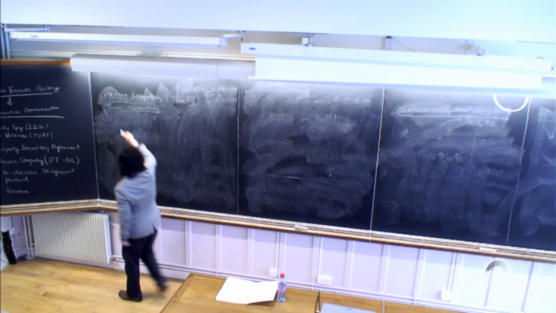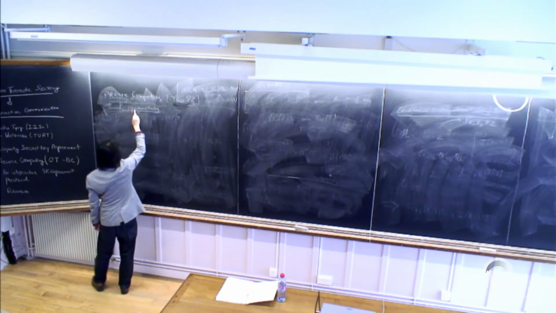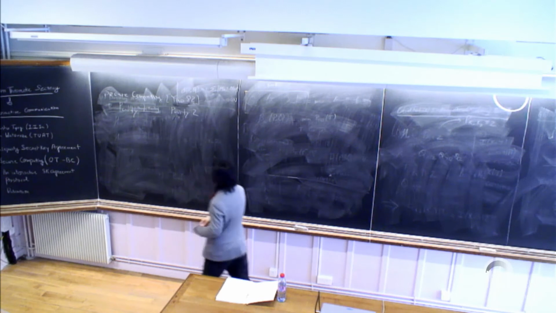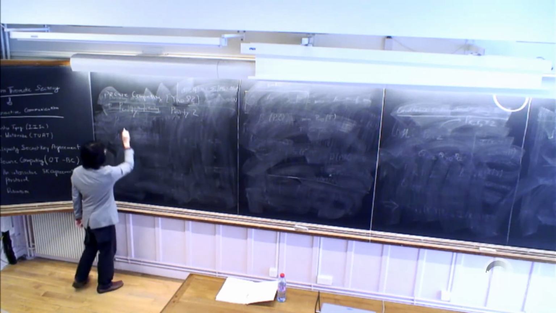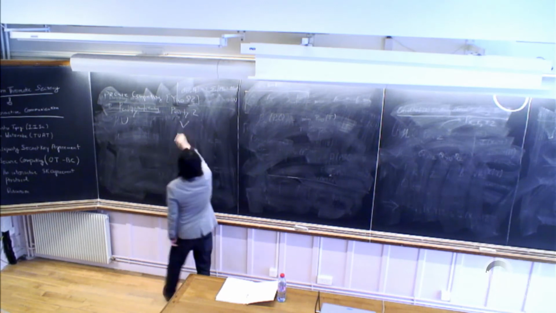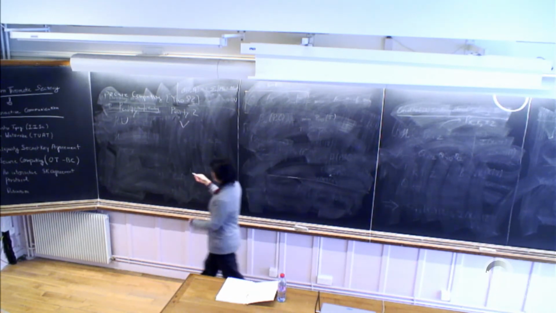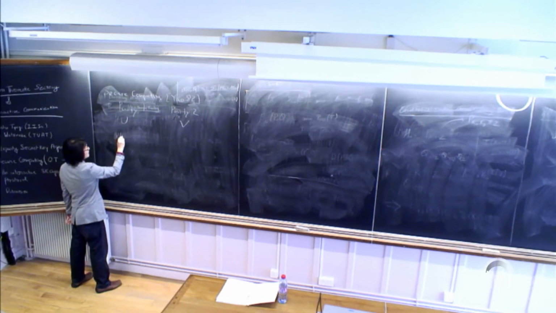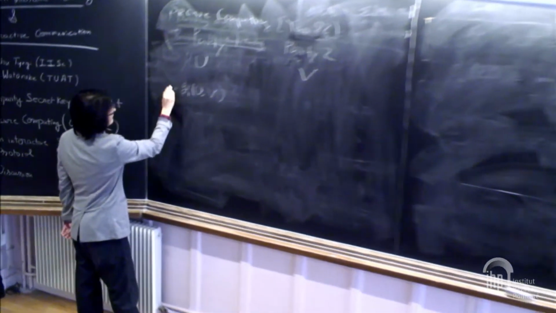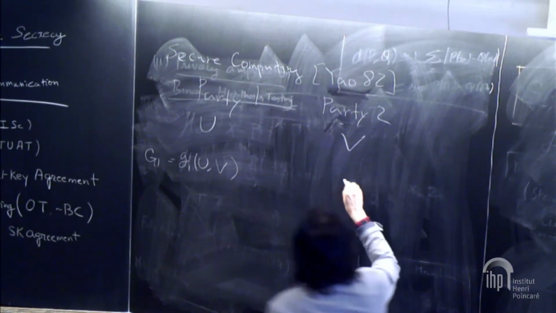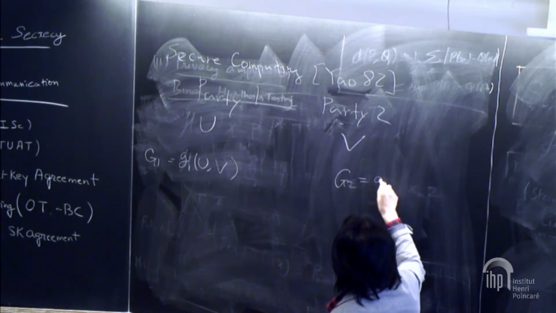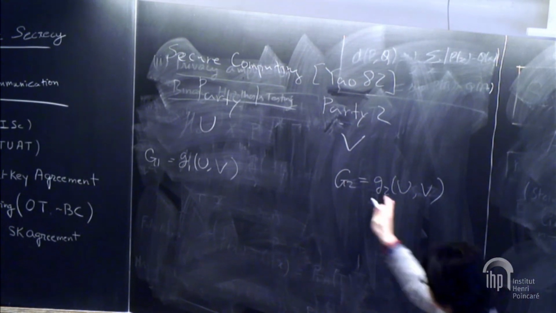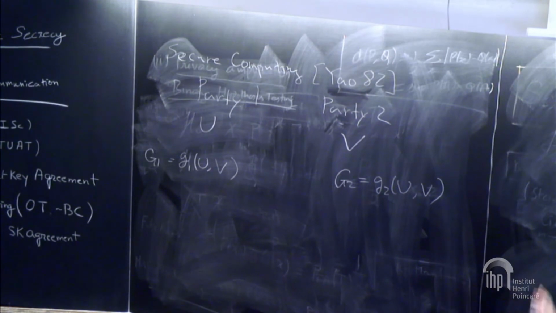There are two parties, and they have some data, U and V. They would like to compute some functions, Z1 of U and V, and Z2 of U and V. These functions may be the same or maybe different.